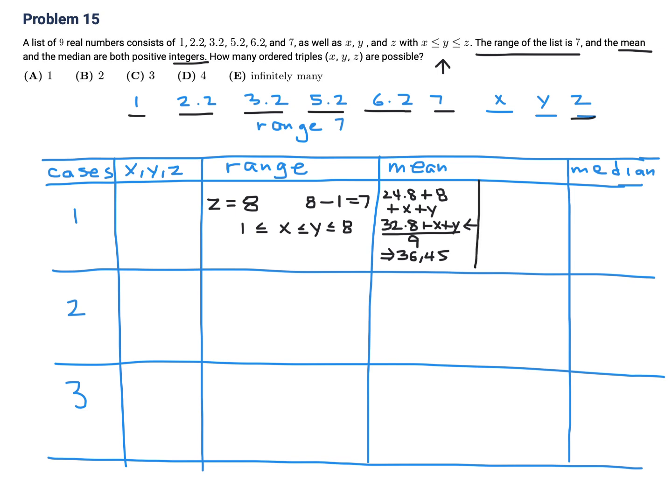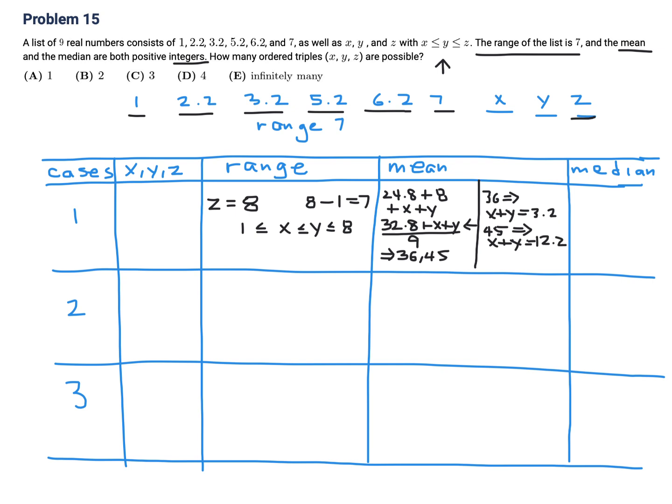Okay, if it's 36, then that basically means that x plus y is 3.2. If it's 45, that means that x plus y is 12.2. Yeah.